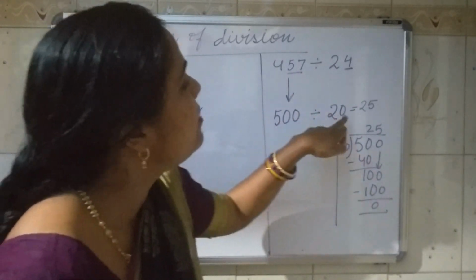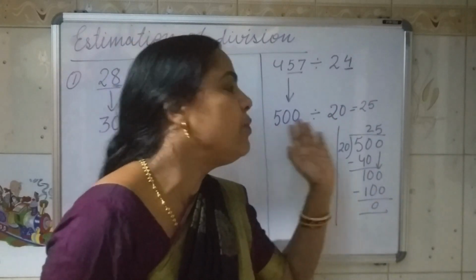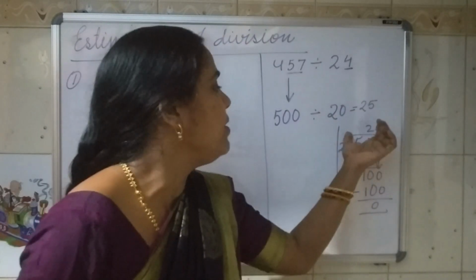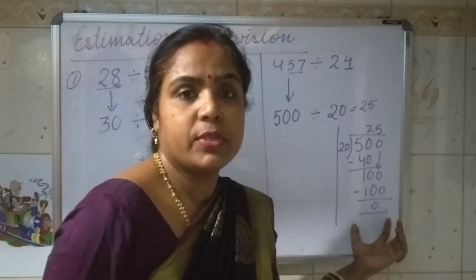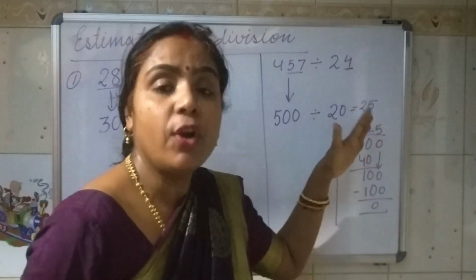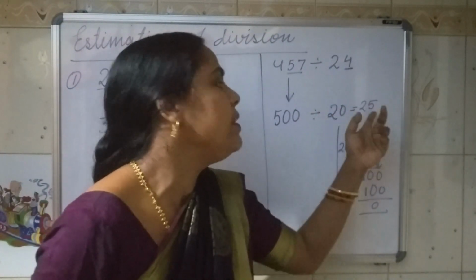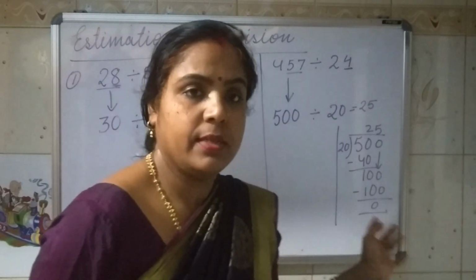Now 500 divided by 20, so if you do not know how to divide it mentally, we will go with the long division process. Clear? In case you are not comfortable. If you can divide it mentally, no need to show this long division process.